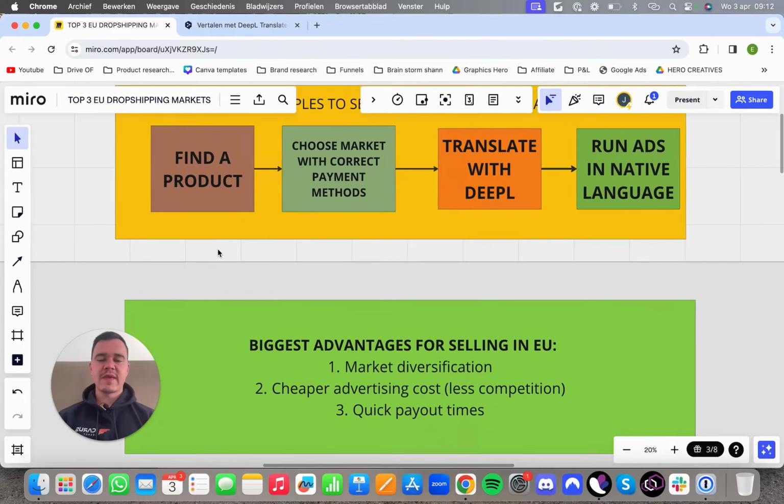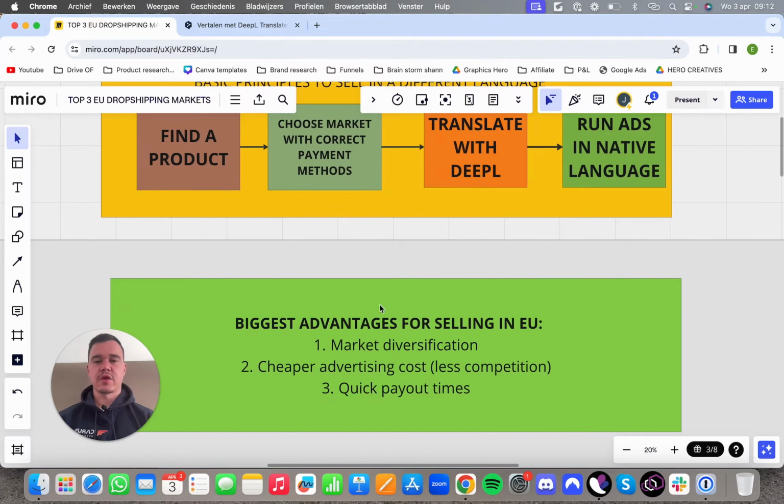So what are the biggest advantages of selling in the European Union? Well, first of all, it's market diversification. What do I mean by that? If you have a winning product, let's say in the US or in Canada or in the UK, and you're getting some traction and momentum, before anyone else takes your product and scales it to another country, you need to be doing this first.